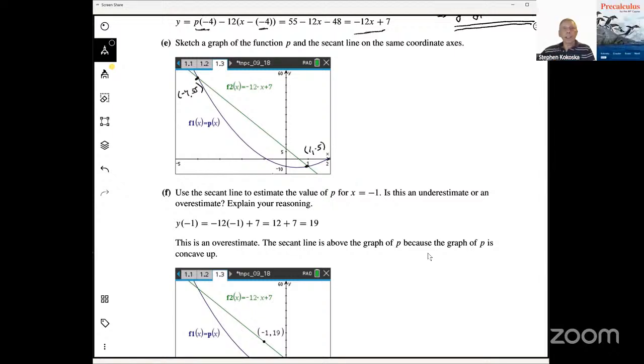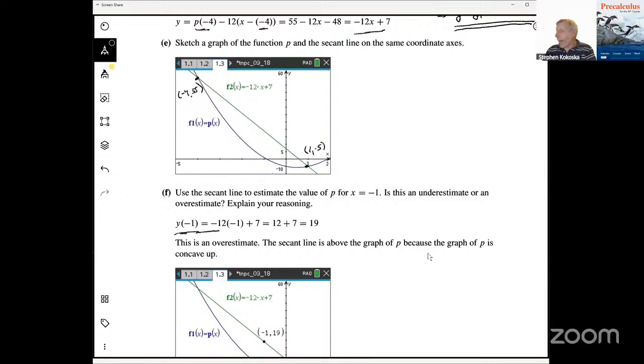Now, F says, let's use that secant line to estimate the value of p at x equal -1. Let's stop there for just a second. That's an awful lot of words for just asking me to take x equal -1 and plug it into the expression for the secant line. That's all we have to do. And I've done that down here. So I've evaluated that line y at -1, and I got a 19.